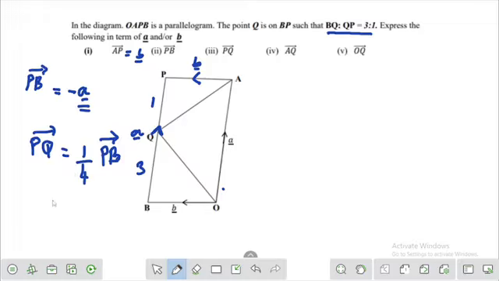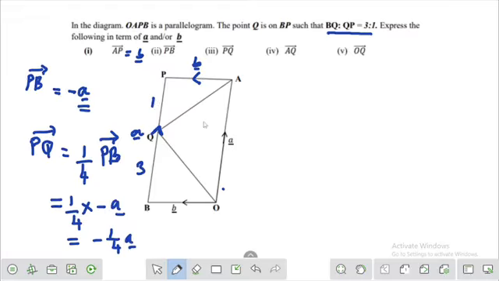So what you are going to do is you just write 1 over 4 times, what is our PB? We have a negative what? A, which is right here on top. So your final answer, you are just going to have a negative 1 over 4, then A vector. So this is our answer. This is our vector for PQ. I hope this is clear.